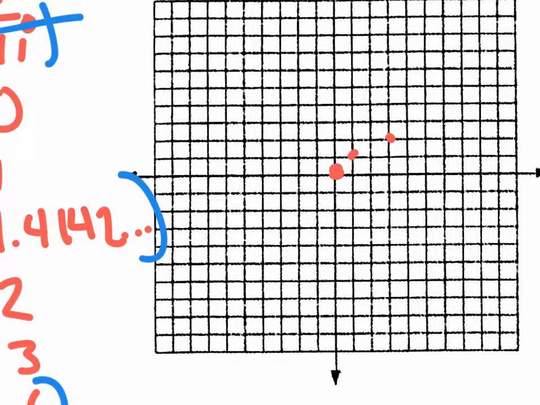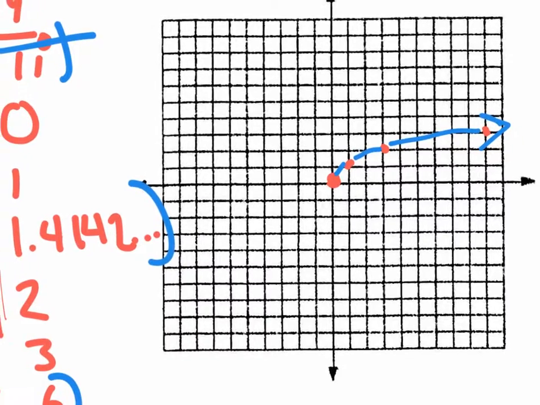And if we go to 9, 3, 9 on the X, 3 on the Y, you get right here. And as you can see, it's a curve. It looks like a line, but then it curves this way. And that's my graph of the square root function y equals the square root of x.